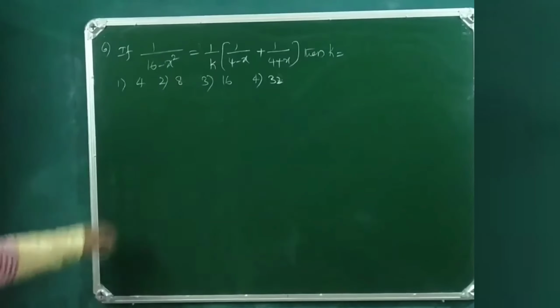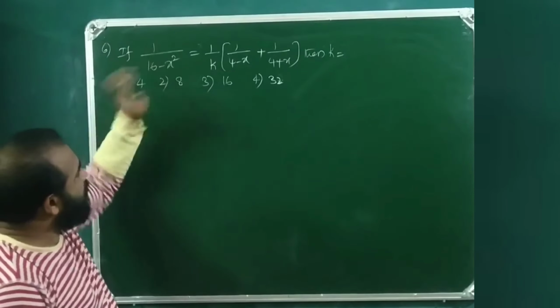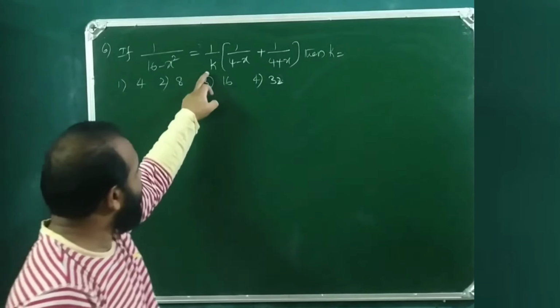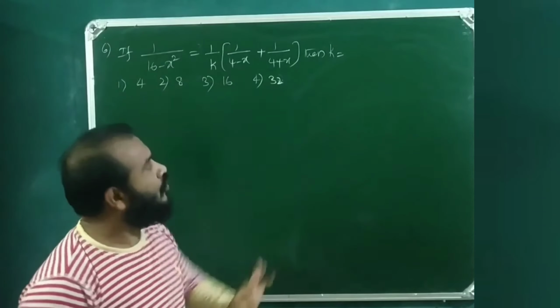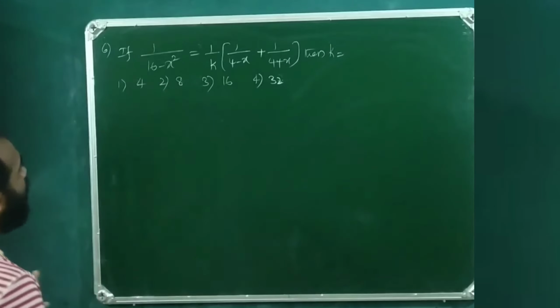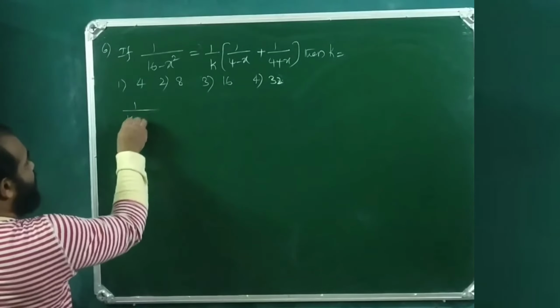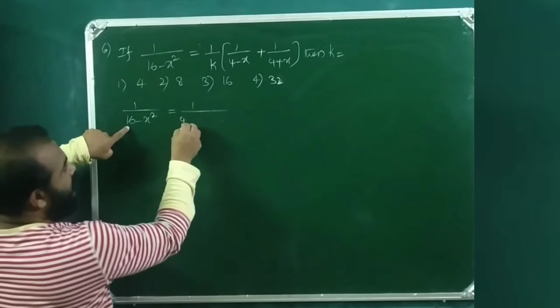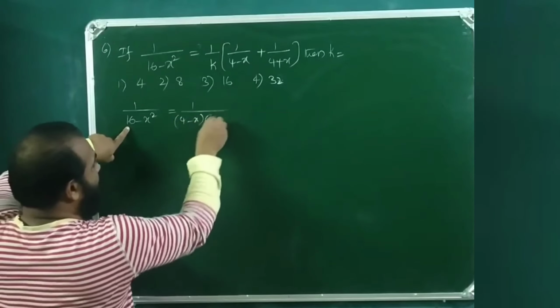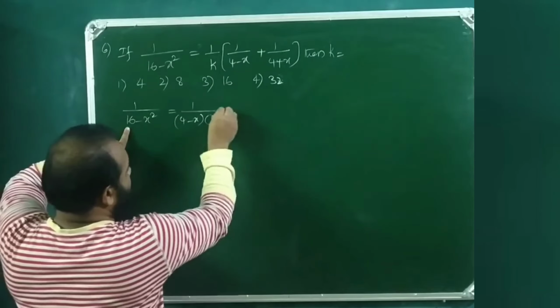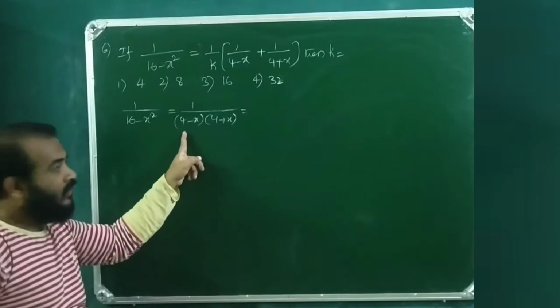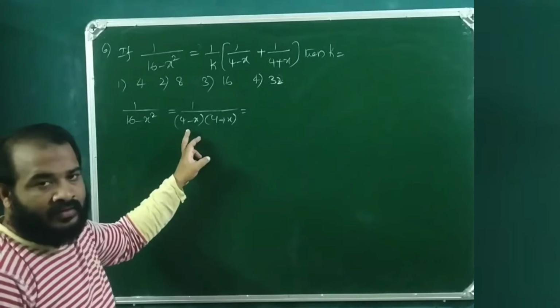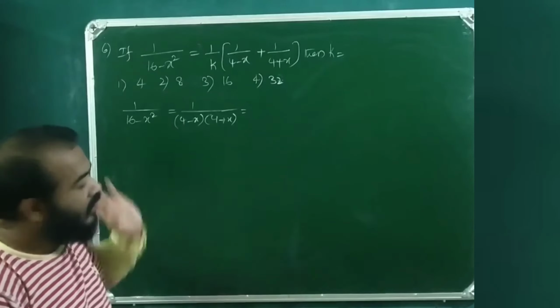So, therefore, the value of a is 1. If 1 by 16 minus x square equals 1 by k into 4 minus x into 4 plus x. So this 1 by 16 minus x square is 4 minus x into 4 plus x. So these are non-repeated linear factors.